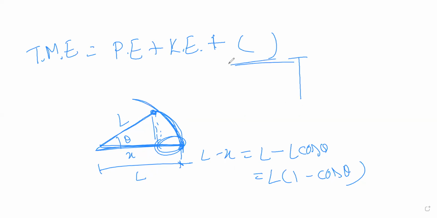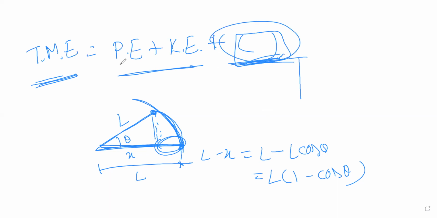Whatever loss it is, it will be there. But if it's a perfect system, then there is no system loss. Only kinetic energy and potential energy will be equal to the total energy.